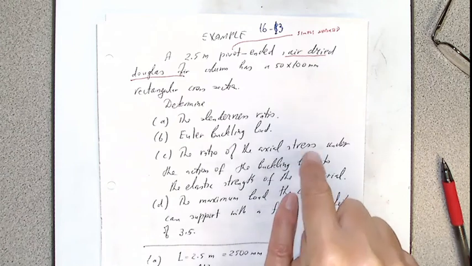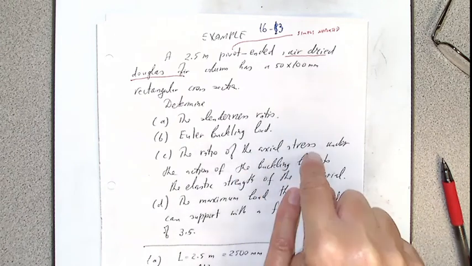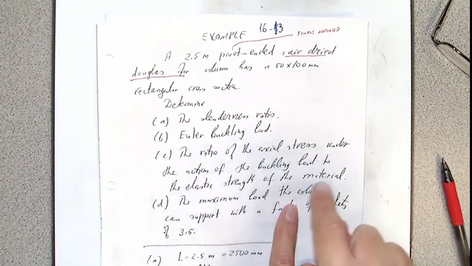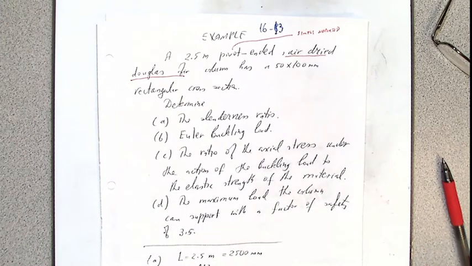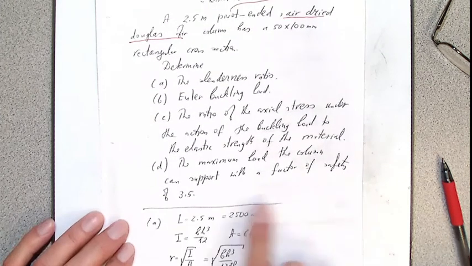Then I would like to have the ratio of this stress to the elastic strength of the material, or yield stress. I would like to know how small or how big my buckling stress is in comparison with yield stress. Then also the maximum load that the column can support with a factor of safety of 3.5.